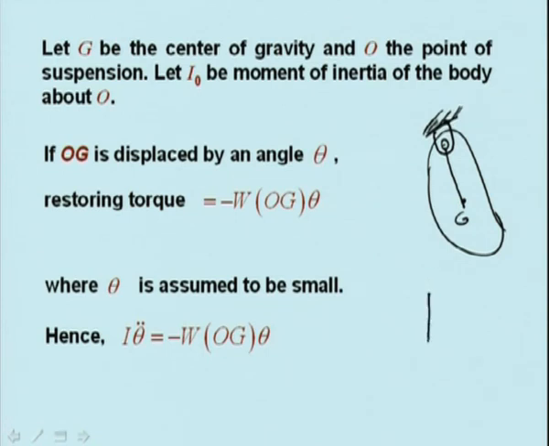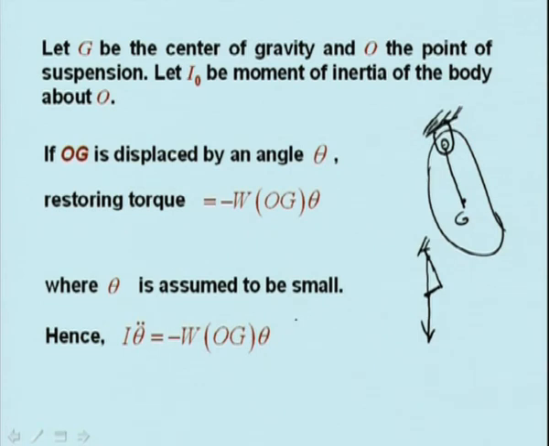So here you have W, and this point gets displaced, this weight is there and this gets displaced by this one. So it is like this, it rises here. Therefore you get a restoring torque of W times OG theta, just like you got in the simple pendulum.